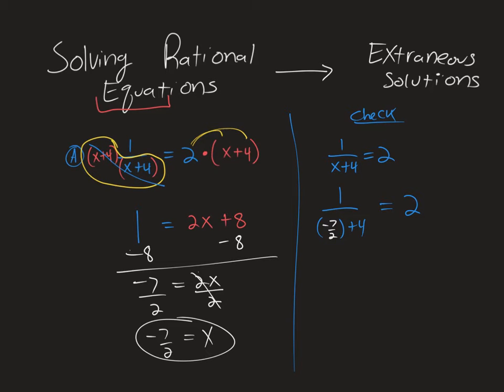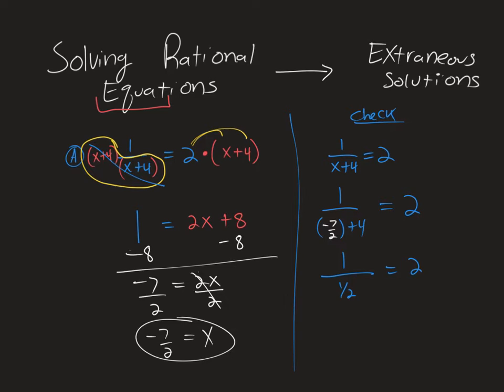When I substitute that in, is it actually equal to 2? Now, I know how much you love doing fractions on a denominator, right? There are 2 fractions going on over here. So I'll speed up the process by doing it for us. If we have negative 7 divided by 2 and then we add 4, that's the same thing as 1 divided by 1/2.